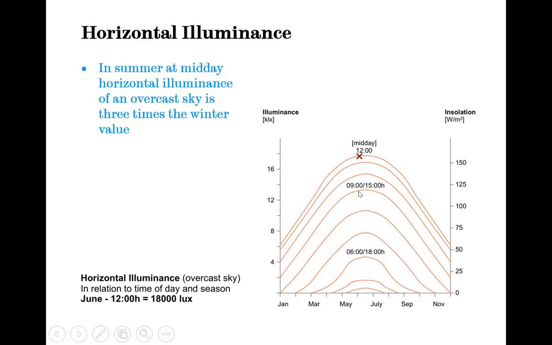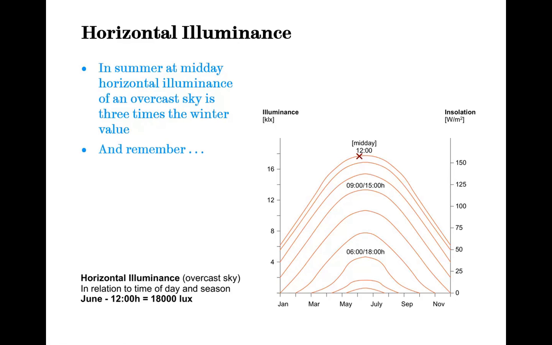In summer it's about 18,000 lux, and in winter it's more like 6,000 lux at the same time of the day. Different times of the day you have different brightnesses of the sky. So the important thing to note is that the sky illuminance changes dramatically throughout the year and the day.